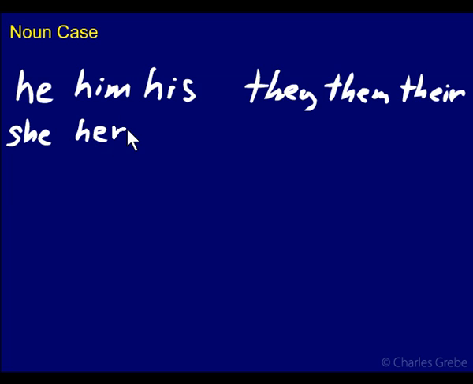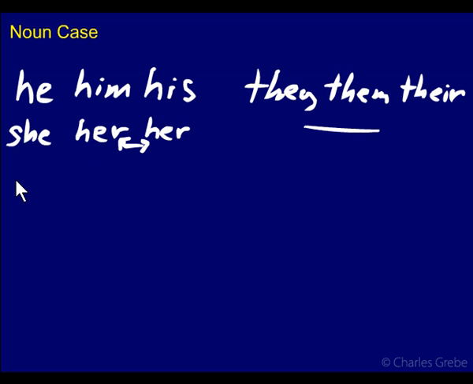He loves her. Her ball. So notice that in the feminine, third person singular, the accusative and the genitive are the same. In the masculine, we have different forms for each. Here, these are the same. We have no distinct feminine form in the plural.